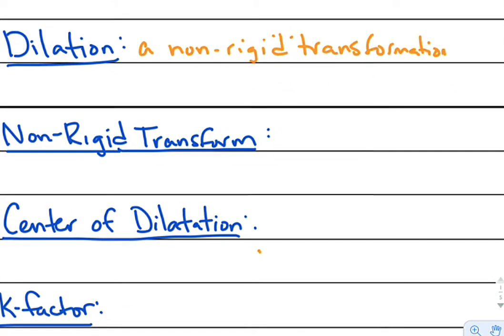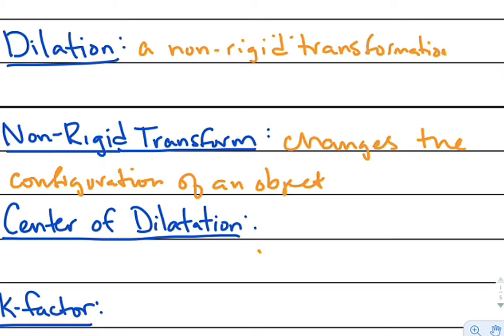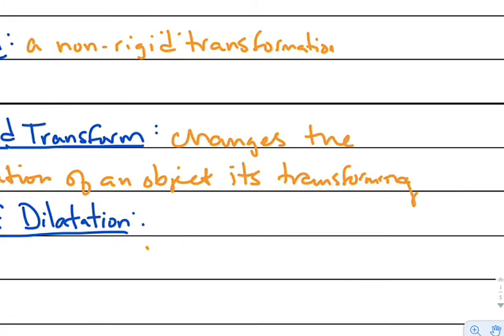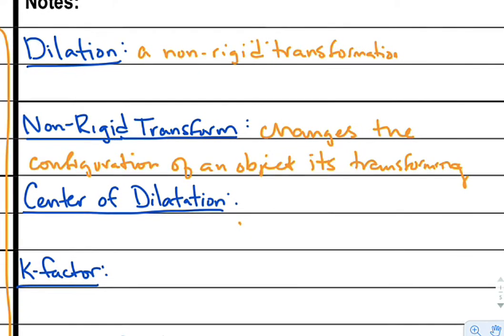This one's non-rigid because a non-rigid transformation changes the configuration of the object while it's actually transforming. So unlike translations, reflections, rotations, where they're going to keep the exact same shape even though it's moving, dilations won't. They're going to actually change it. You saw that in class. It's going to make it bigger or smaller, which is what dilations actually do.